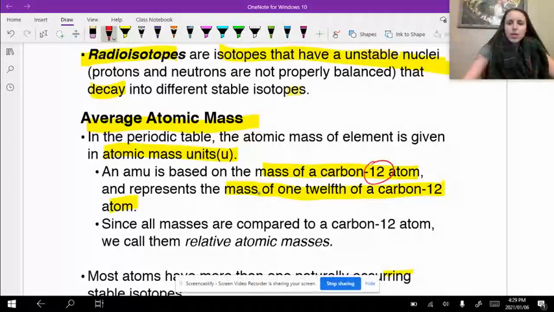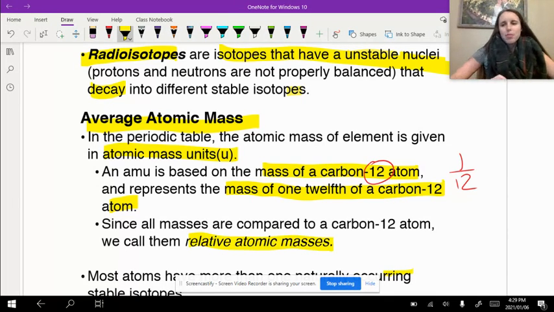If we're looking at something that's 1/12 of 12, it's 1. So essentially an AMU, or U, is the mass of one proton. Since all masses are compared to carbon-12, we actually call it relative atomic mass. So when we say hydrogen has a mass of 1, that's relative to carbon-12. It's got a mass of 1/12 of carbon-12.